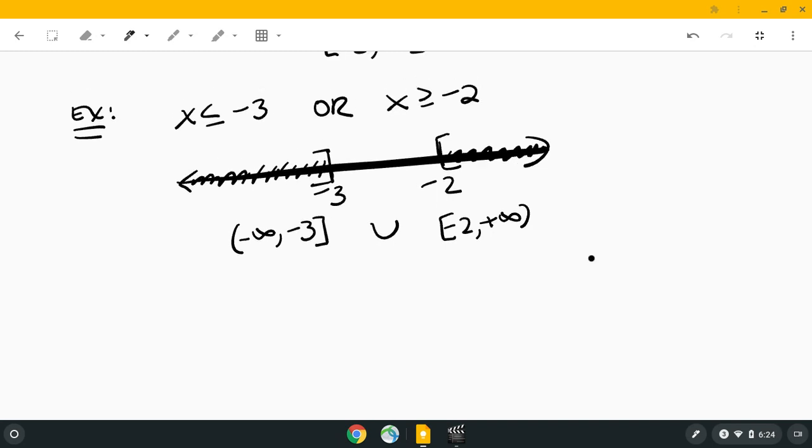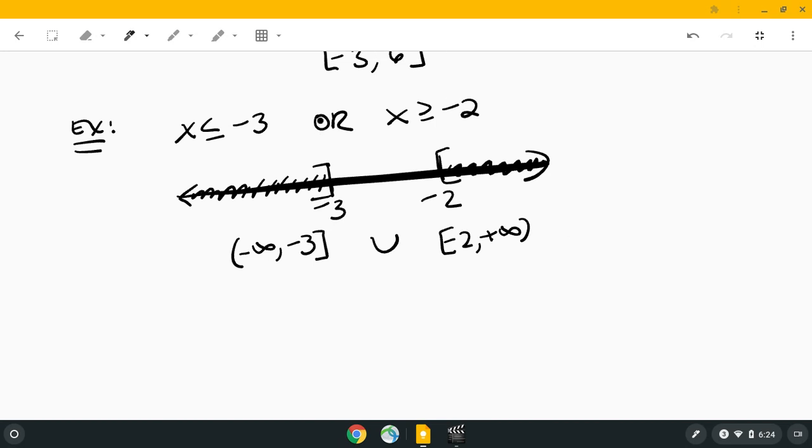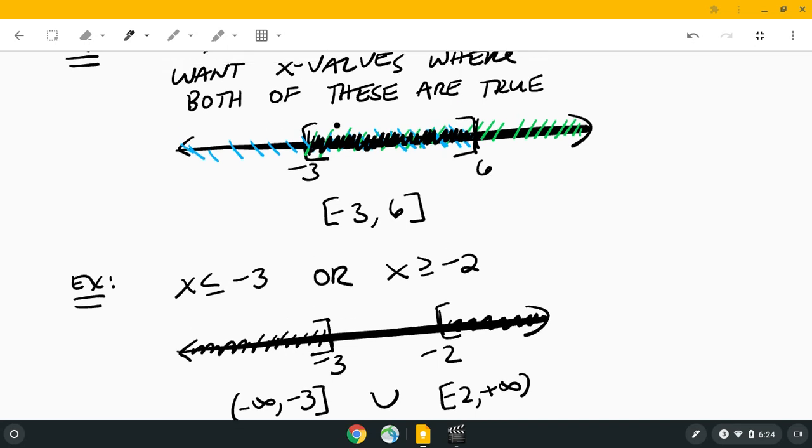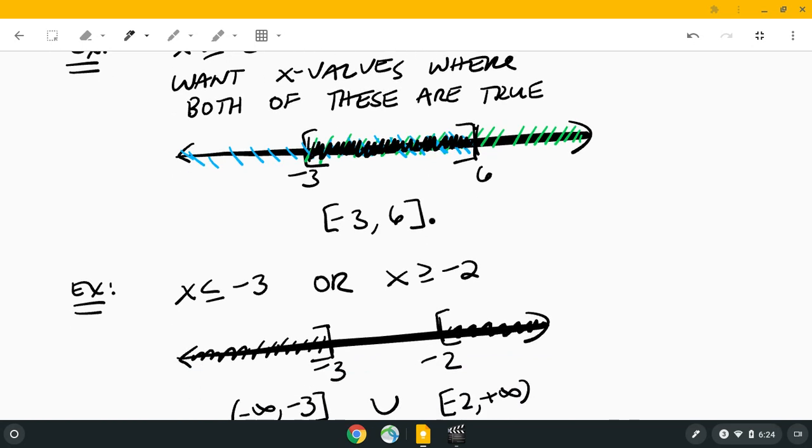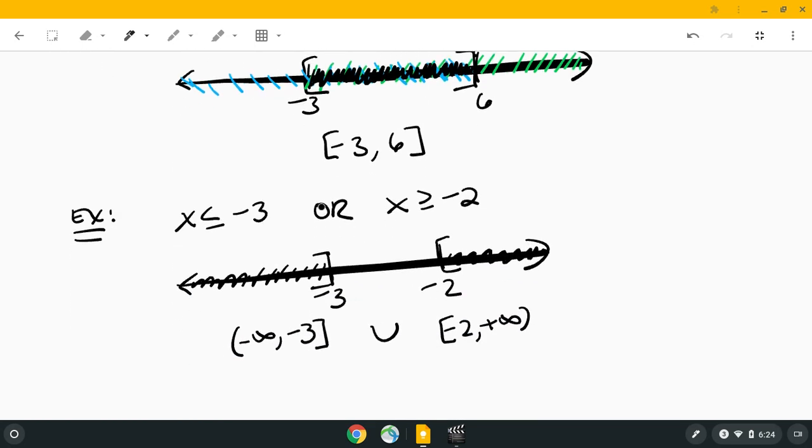One thing I also want to show you. Suppose this said and. Remember, when it says and, you're looking for where they overlap, where they have common solutions. So if this said and, do these overlap? No, they don't.